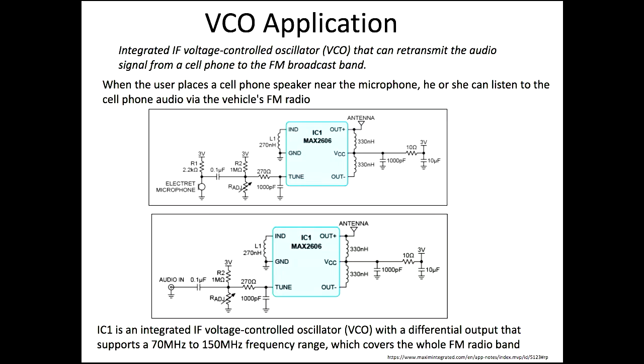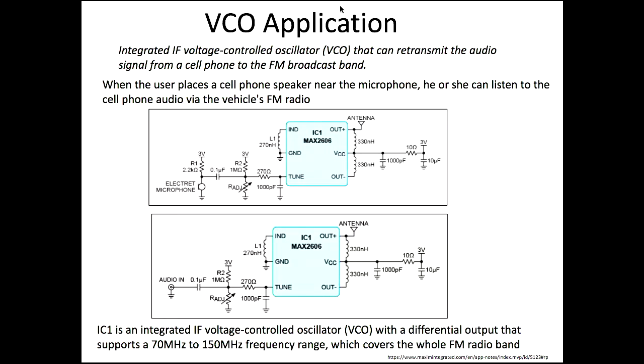Now, before going to another application of PLL, we will study VCO a bit in detail. VCO, voltage controlled oscillator. The voltage controlled oscillator is a part of PLL, but VCO has lots of applications, not only in PLL.